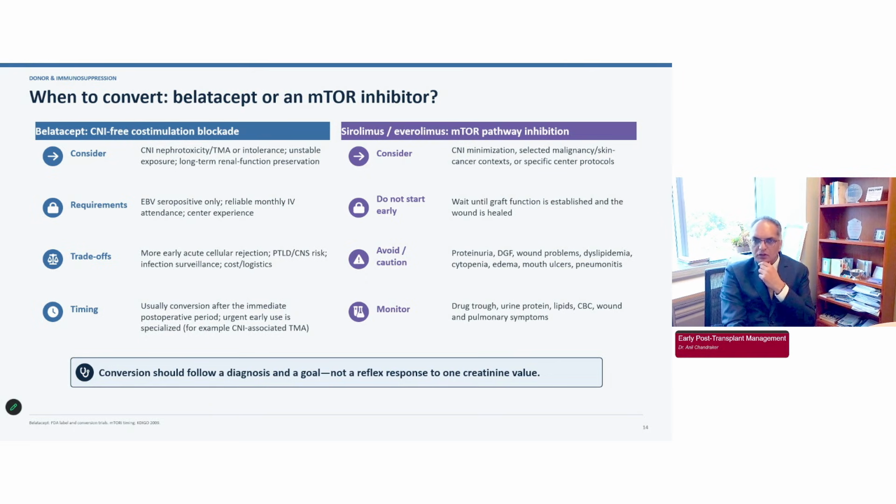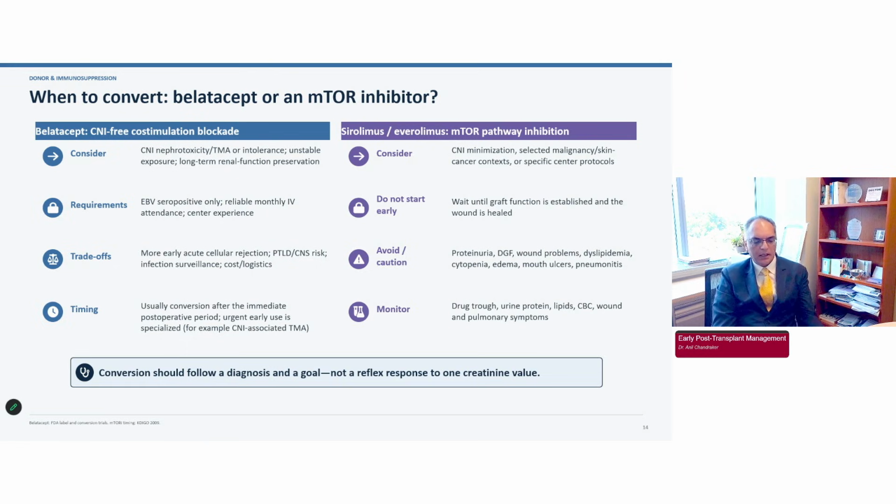When to convert to belatacept or mTOR inhibitors. So belatacept should be considered when there's evidence of CNI nephrotoxicity or TMA or intolerance or unstable exposure, or to maintain long-term renal function.